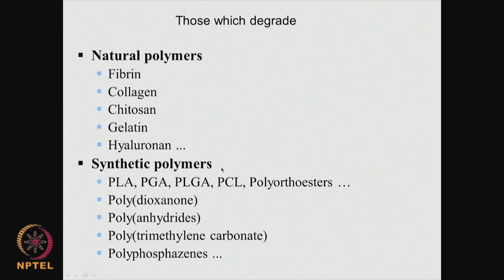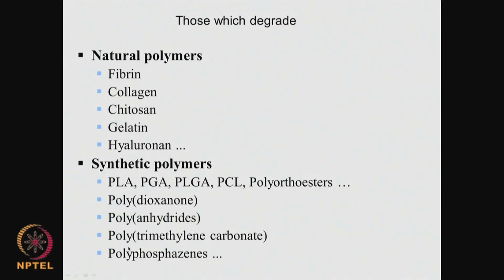If you go to synthetic polymers: polylactic acid, PGA, that is polyglycolic acid, or a combination of lactic and glycolic, polycaprolactone, polyorthoesters, polydioxanone, polyanhydrides, polytrimethylene carbonates, polyphosphazenes. So a lot of natural polymers and a lot of synthetic polymers can degrade.